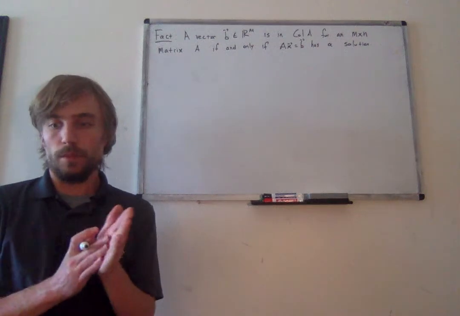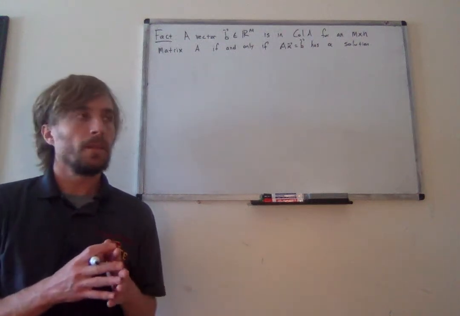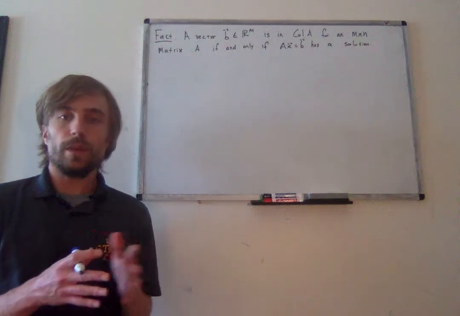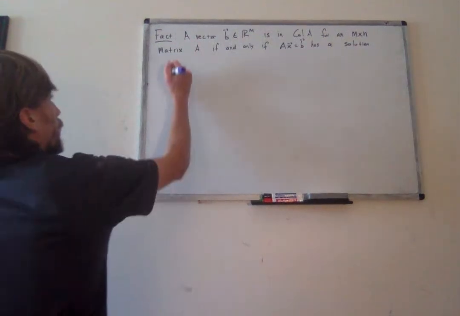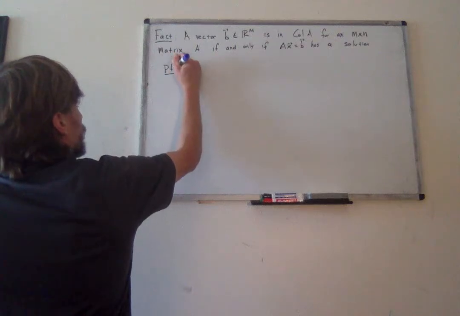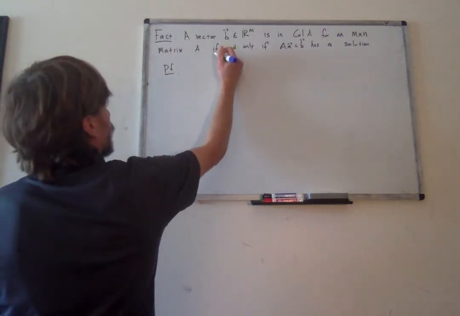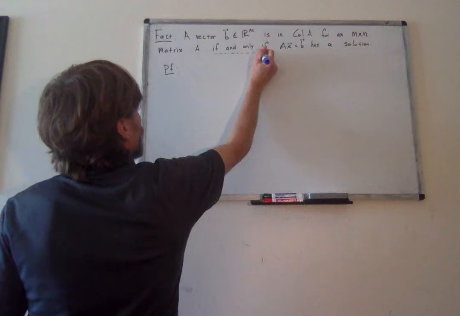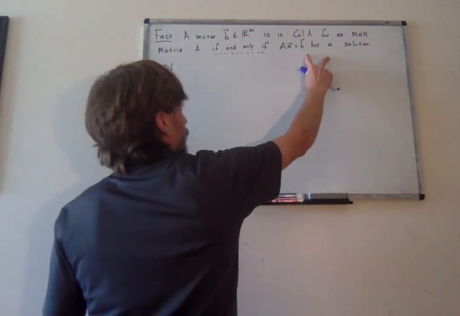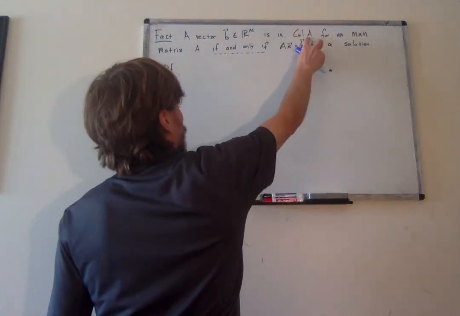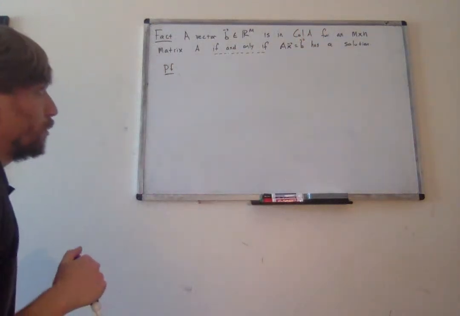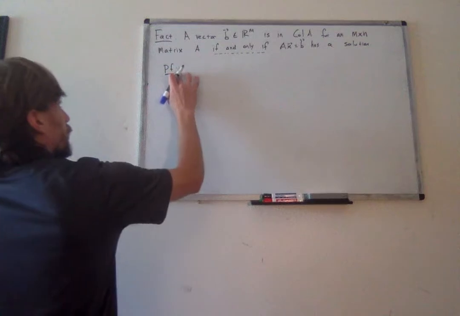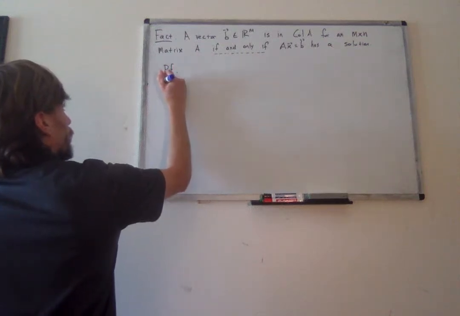But we'll prove it using a slightly different method just to confirm that this is in fact true. Because this is an if and only if, we have to show that this having a solution implies that the vector is in the column space of A, and the vector being in the column space of A implies that this has a solution.